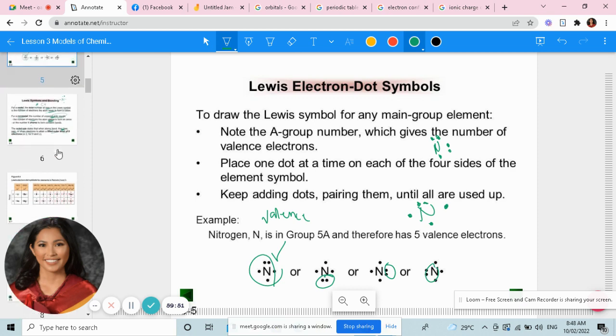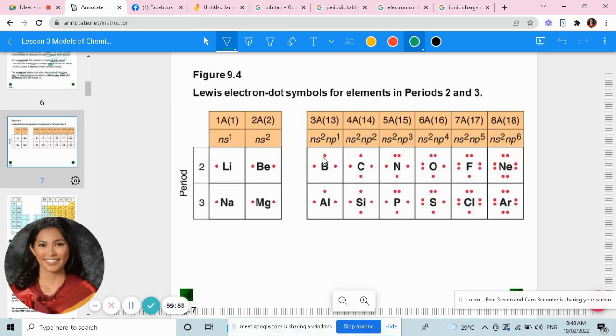So we have the valence electrons. We have lithium, beryllium. For transition and inner transition metals, we do not include them because there are lots of exemptions for them, just like in phosphorus and sulfur, which have exemptions in the octet rule.